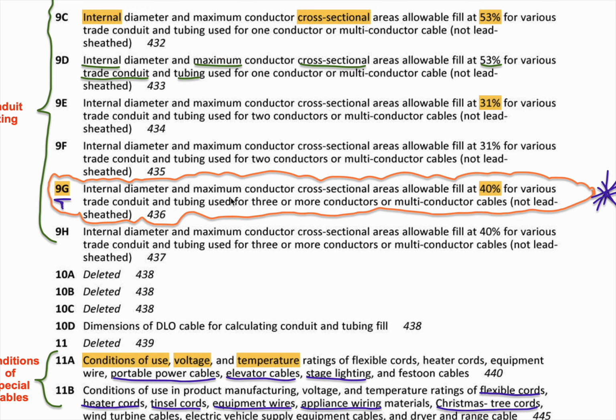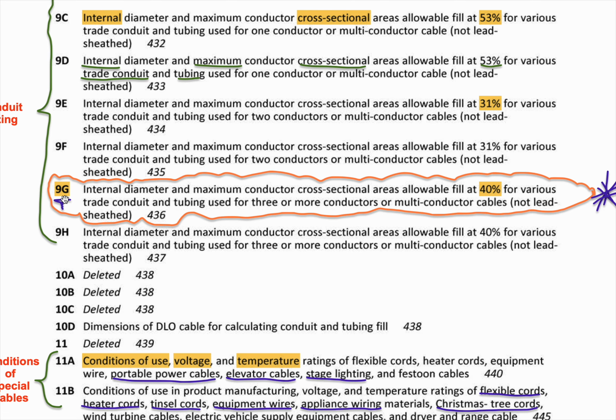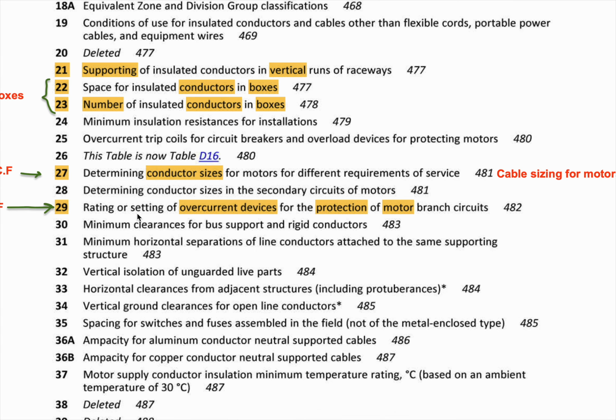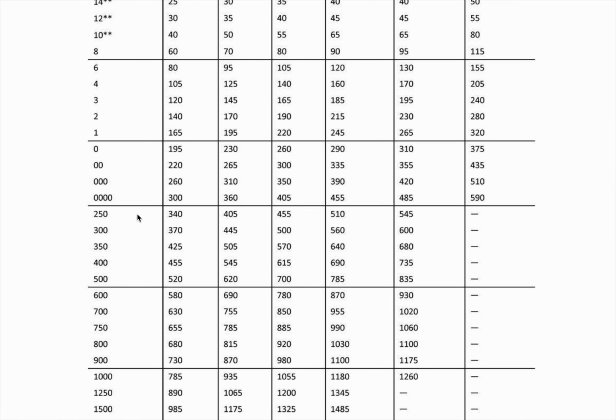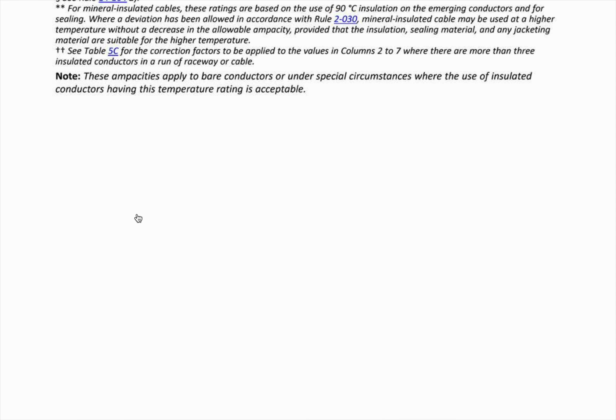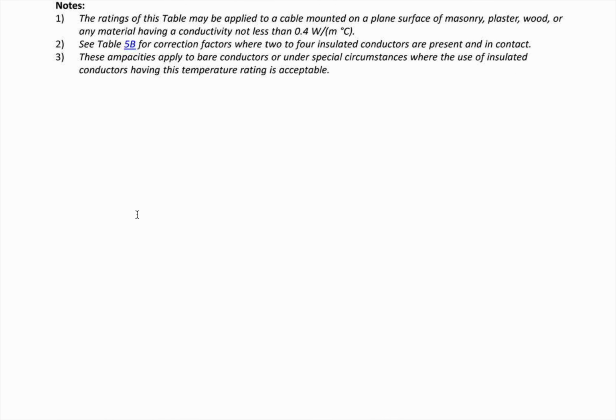So always remember table 9G, and even remember the page number in this book, because every time you need to use table 9G. So let's go to the tables. I'll show you a little bit on the tables.